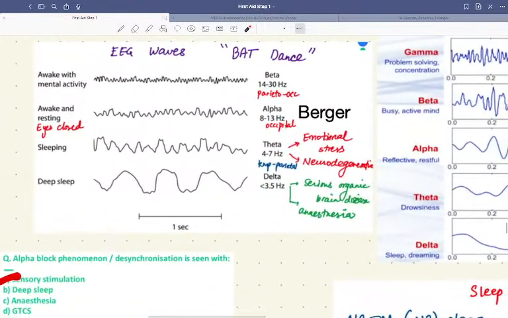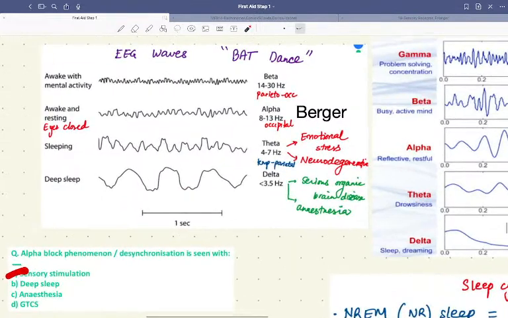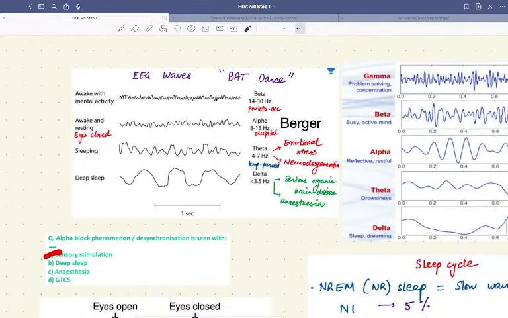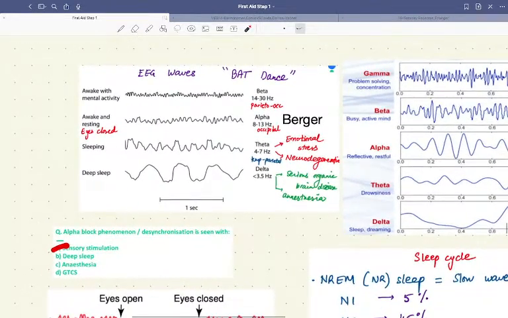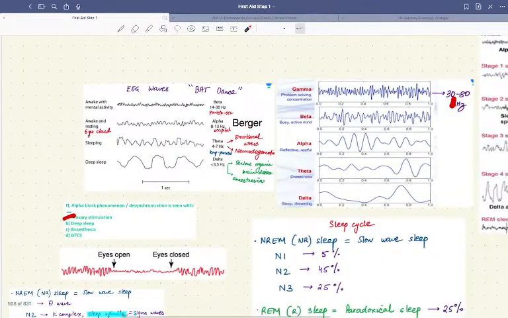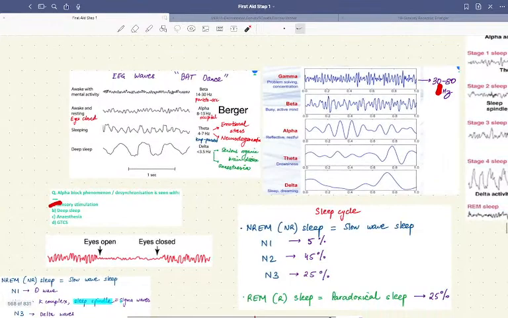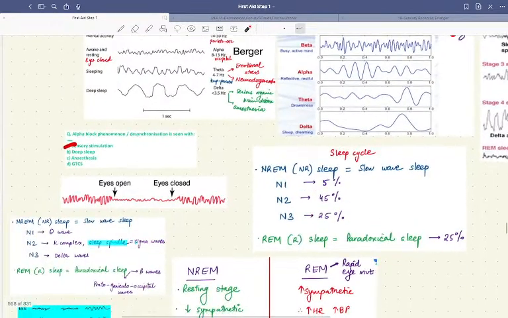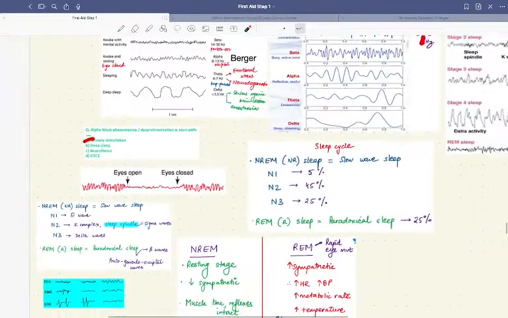High frequency, low amplitude, and in deep sleep you have very high amplitude but very low frequency, and in REM sleep high frequency again. And here ma'am had given a question that alpha block phenomenon, or desynchronization, is seen in sensory stimulation. And obviously K complexes and all this is easy.